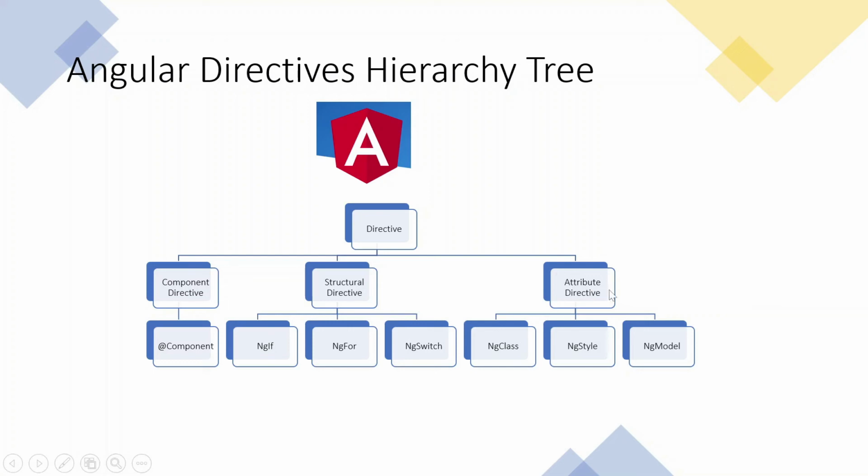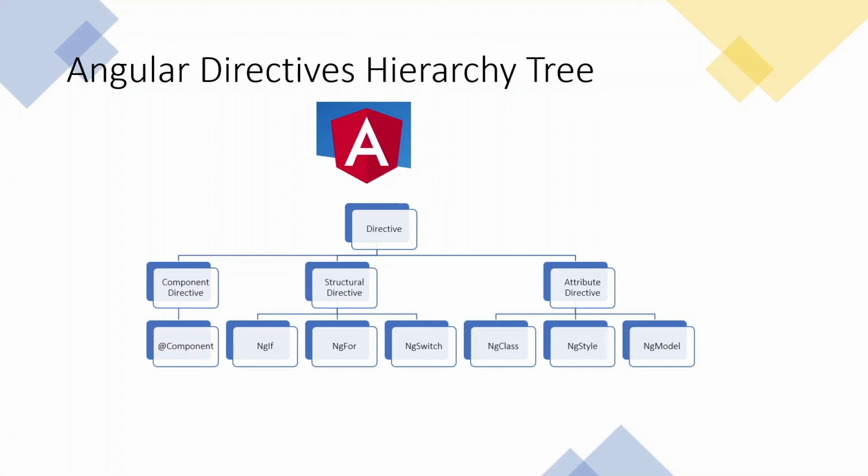Another is attribute directive. Attribute directive also has basically three types. ngModel we have already learned in the previous video. If you haven't seen that video, you can see what is ngModel. ngClass and ngStyle, I also made a separate video on that, about the class binding and style binding. You can take a look at those tutorials also.